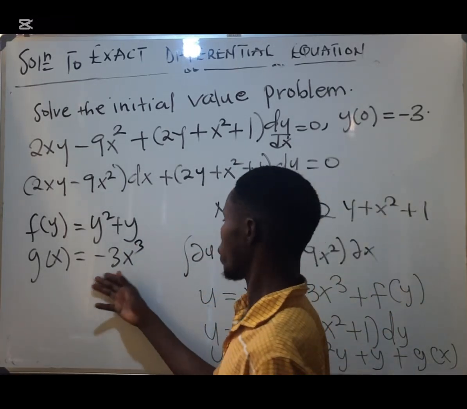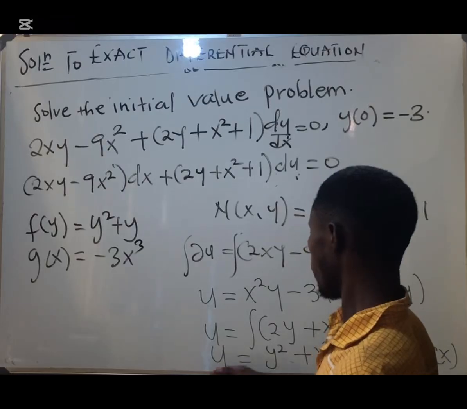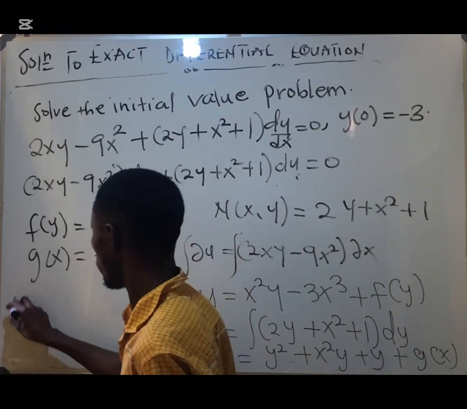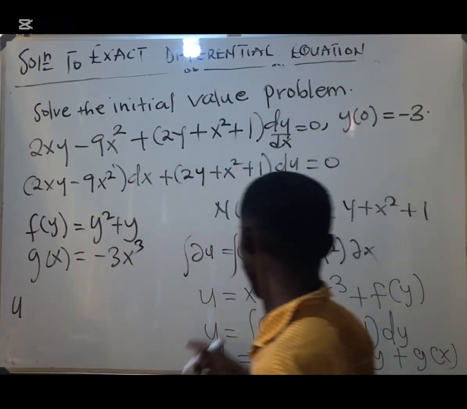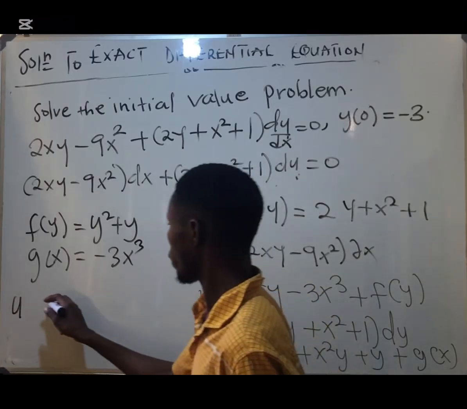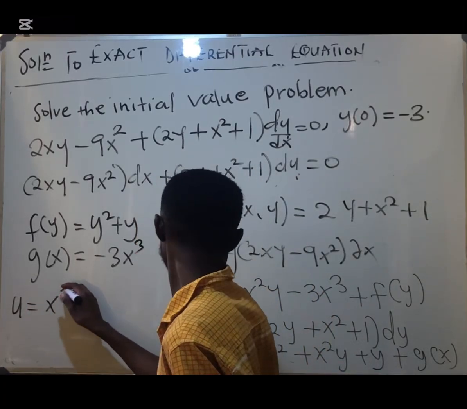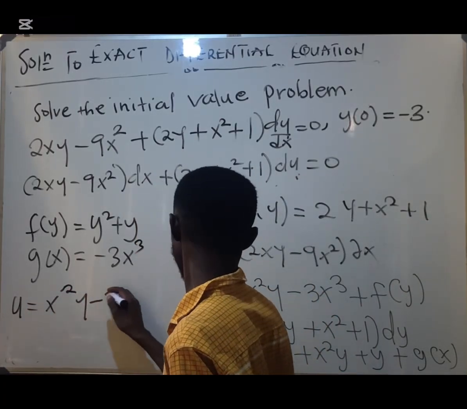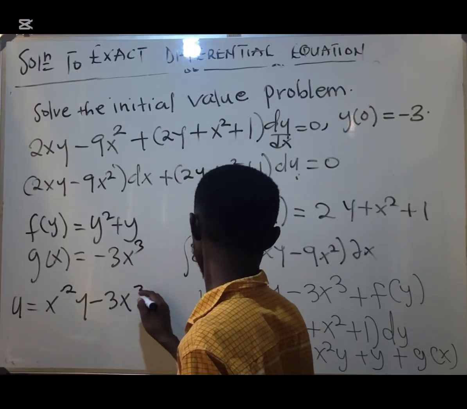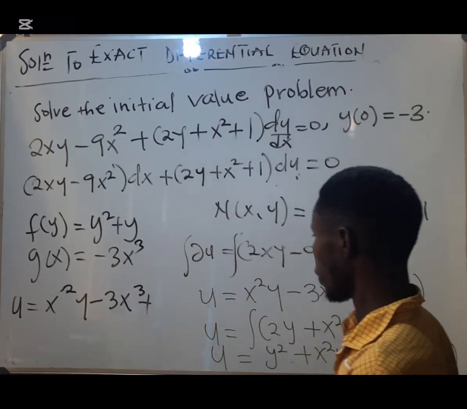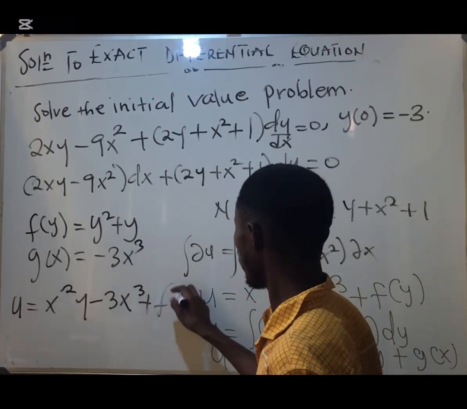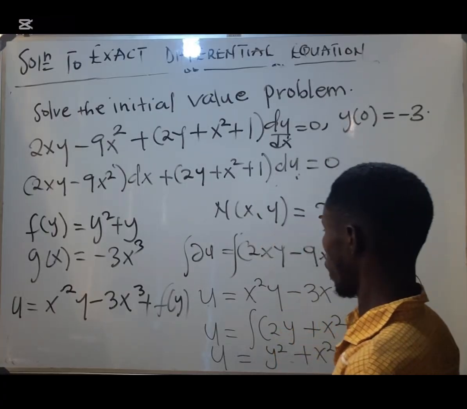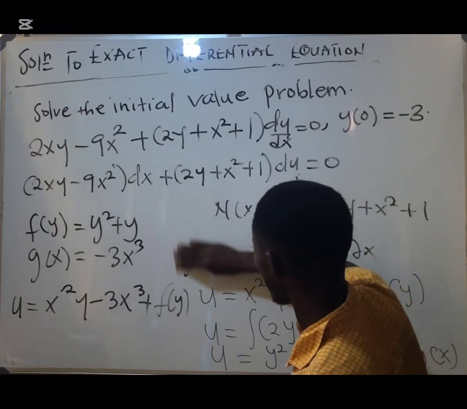Now that I have this, I just pick any one of them. So if I pick the first one, which is x squared y minus 3x cubed plus f of y, I can clean this side now.